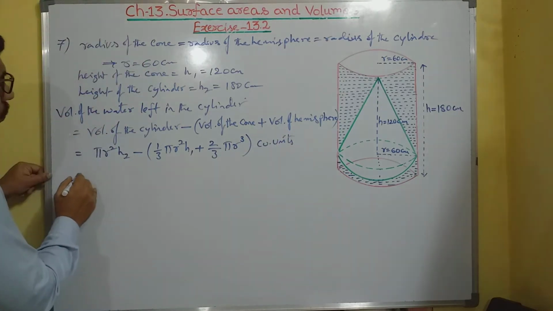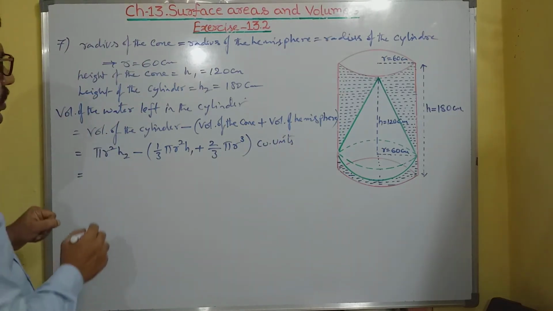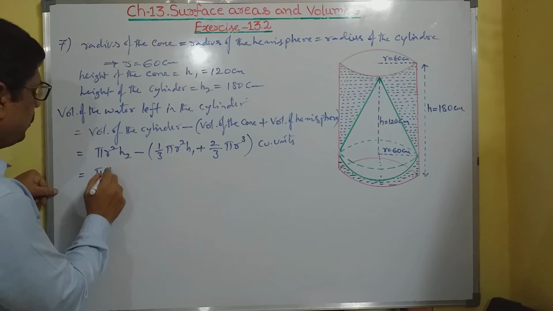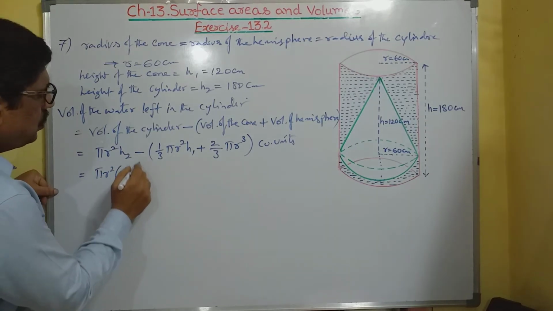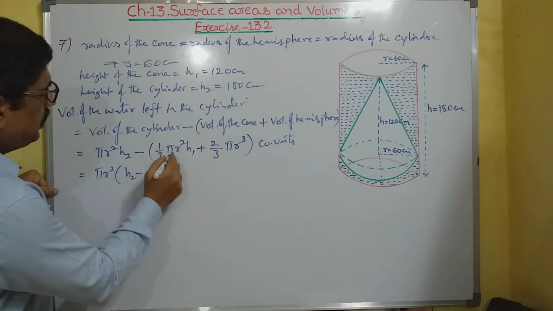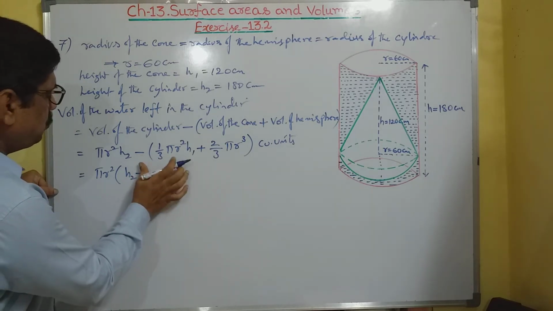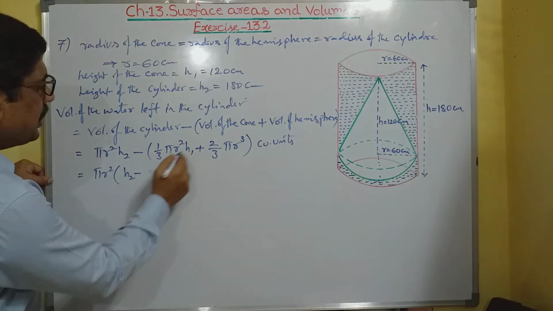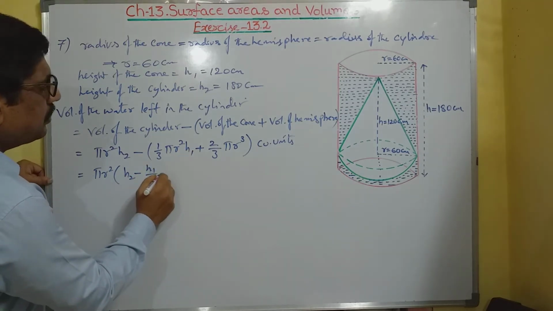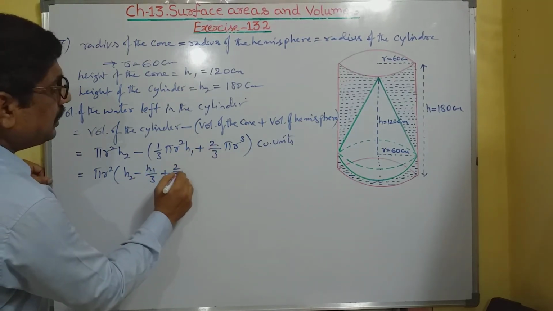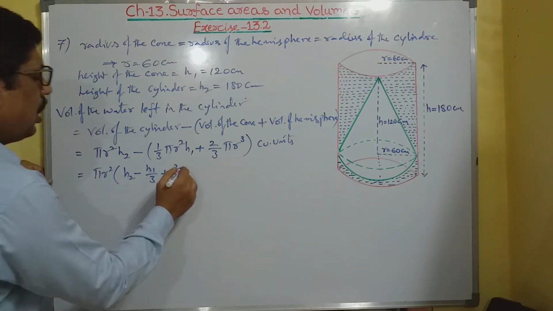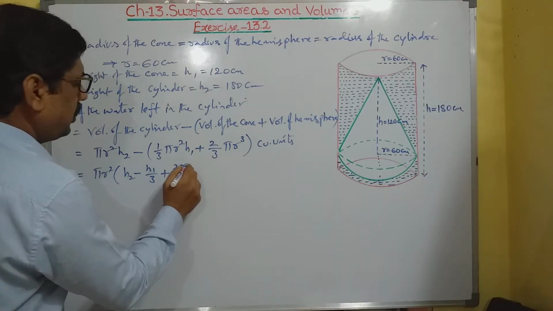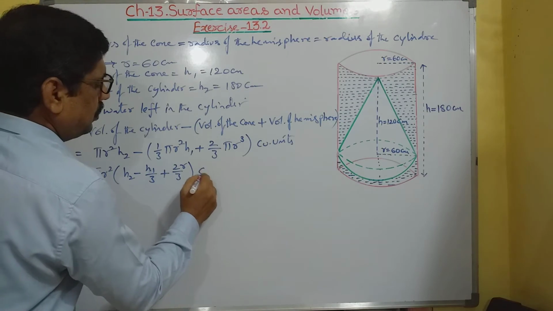From all these we can take pi r square common, then we get pi r square into h2 minus, h1 by 3 plus 2r by 3, cubic units.